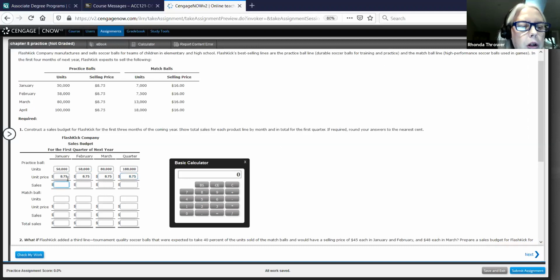And then we simply multiply the number of units times the unit price. So starting with January, there were 50,000 units that we were going to sell times $8.75.